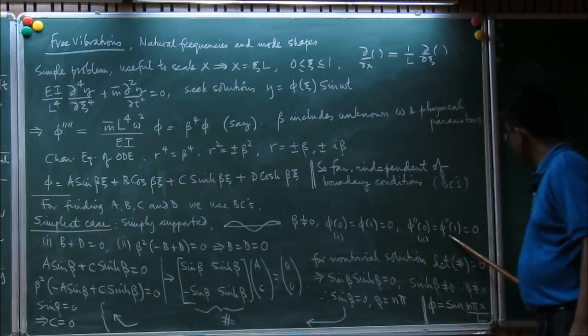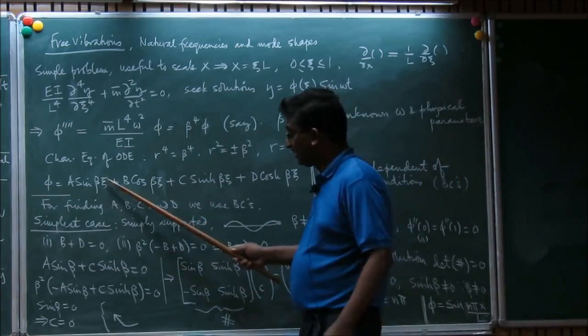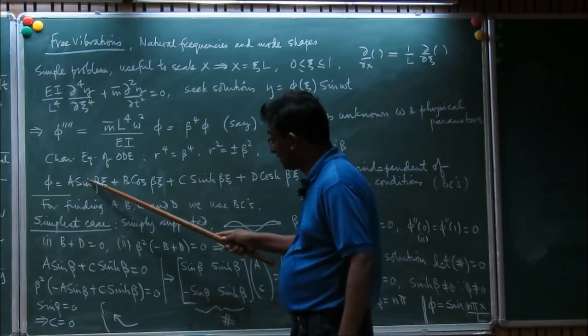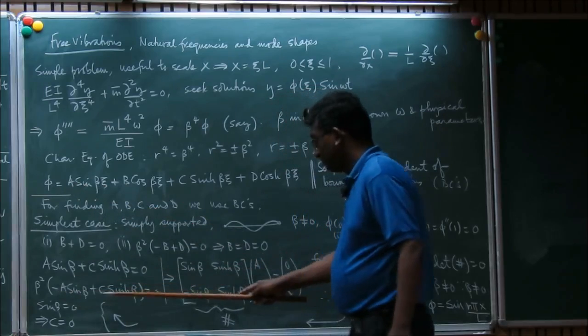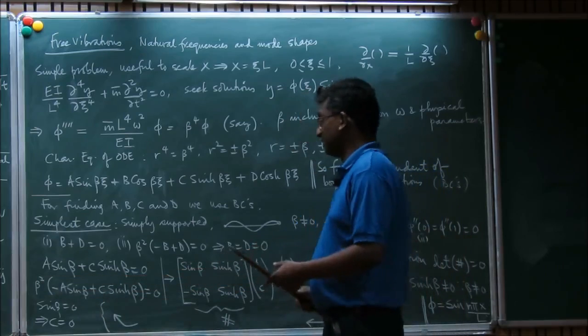Now we look at this derivative, second derivative condition phi double prime. When we take the phi double prime, what we have is a beta squared and a negative from the minus sign, so a minus a sine beta plus c sinh beta. So this is 0, and we know that the beta is not 0.